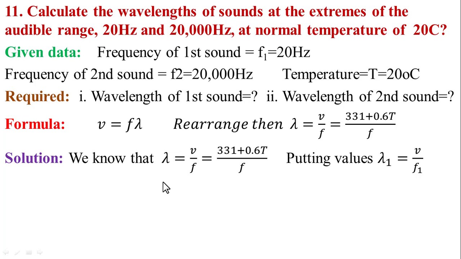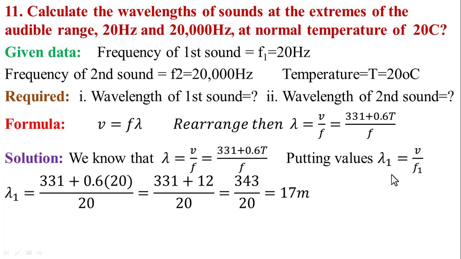For the solution, putting the values, first find lambda 1. Lambda 1 is equal to V upon f1, that is 331 plus 0.6 multiplied by 20, divided by 20. So 20 multiplied by 0.6 is equal to 12. 331 plus 12 is equal to 343, divided by 20. So the wavelength for f1 is equal to 17 meters.